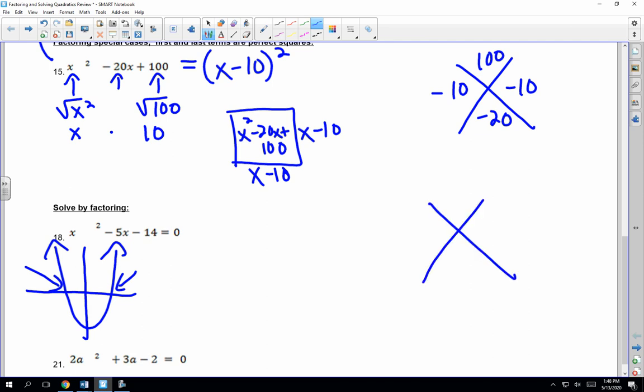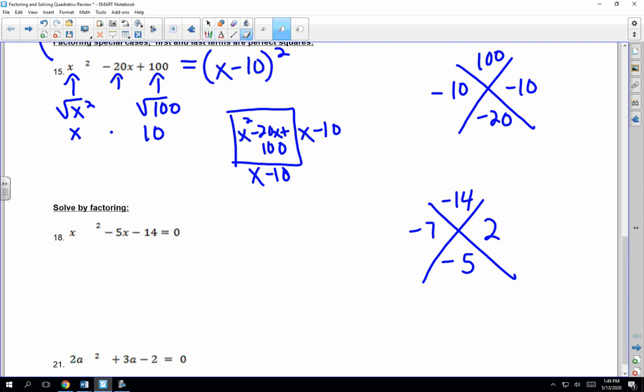This one is a quadratic trinomial. We're looking for factors of negative 14 that add to equal negative 5. They are -7 and 2 because those two multiplied equal -14, add to equal -5. That means I have the following factorization: (x minus 7)(x plus 2) equals 0.